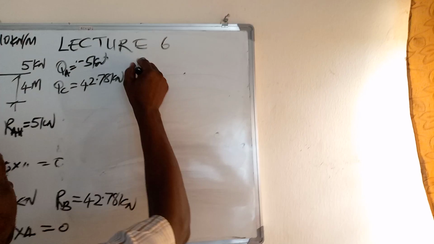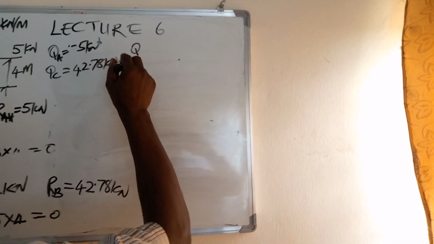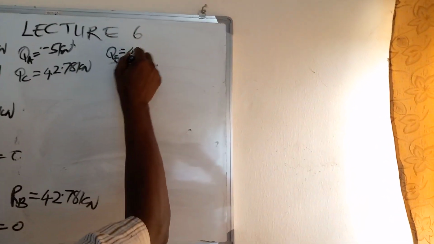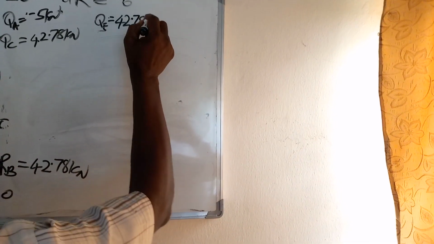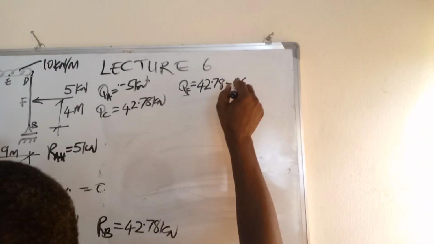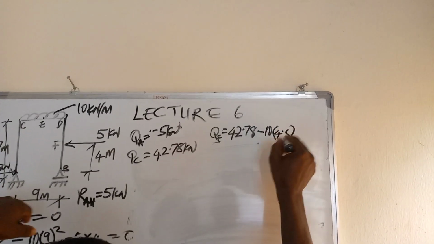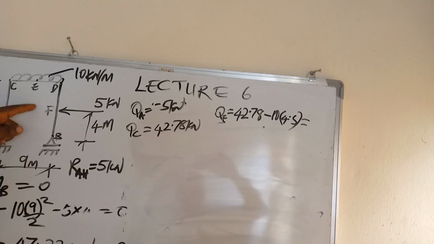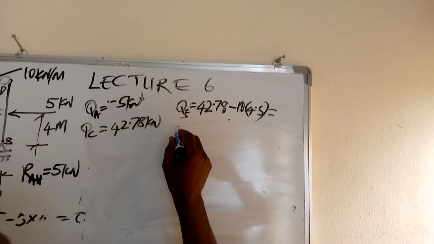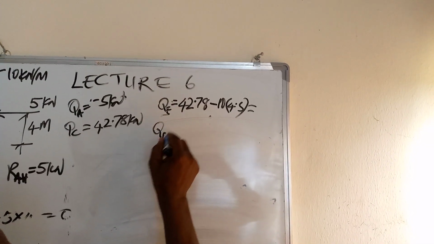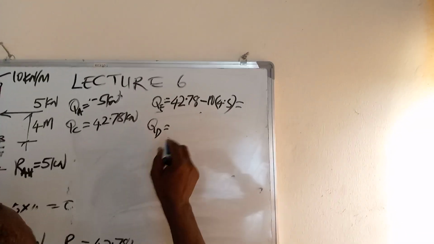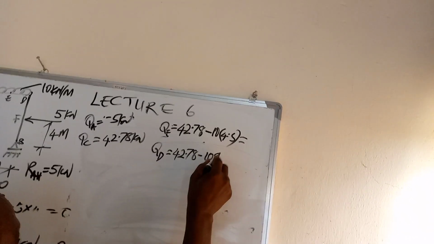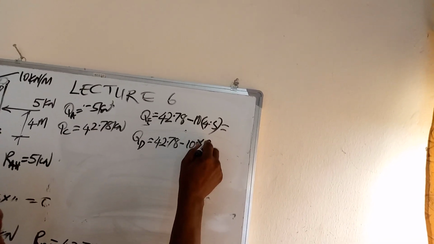At E, the shear force will be the vertical reaction, 42.78, minus the load, which is 10 times 4.5. At D, the shear force will be 42.78 minus 10 times 9.